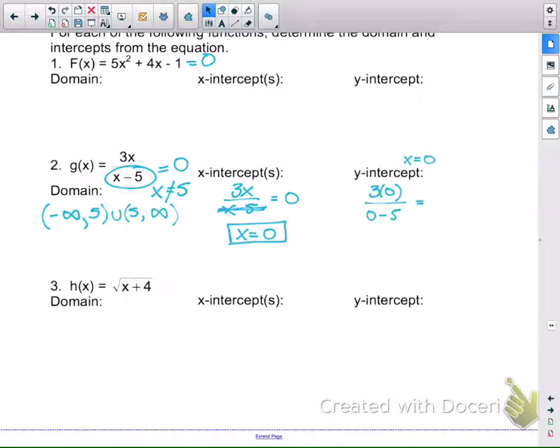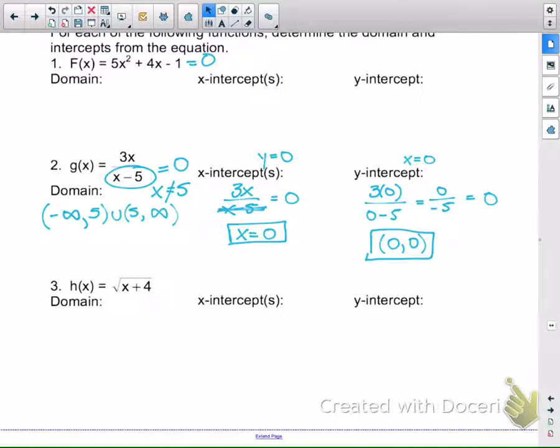What's that give me on top? 0 over negative 5, which just gives me what for my y-intercept? 0. That should make sense. If our x-intercept is 0, our y-intercept should also be 0. That's always how that happens. So you can write your y-intercept as (0, 0). Our general rule of thumb for your x-intercept is that your y has to equal 0. Your general rule of thumb for your y-intercept is that your x has to equal 0.